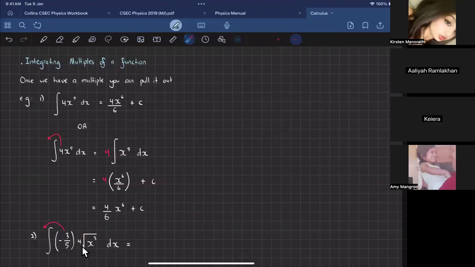So you had the minus 3/5 on the outside. Here, integrate everything on the inside first, and then once you integrate everything on the inside, multiply it by the minus 3/5. Okay, and you've got something you're working on.